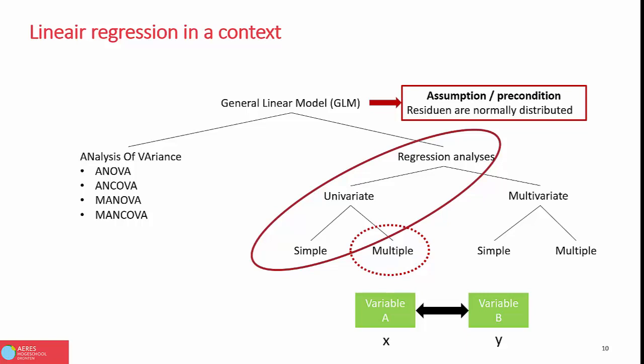However, typically, we are looking at variables like x and y, in which y is the dependent variable and x is the independent variable. But remember, despite the fact that we typically speak about dependent and independent variables, we cannot imply causation.